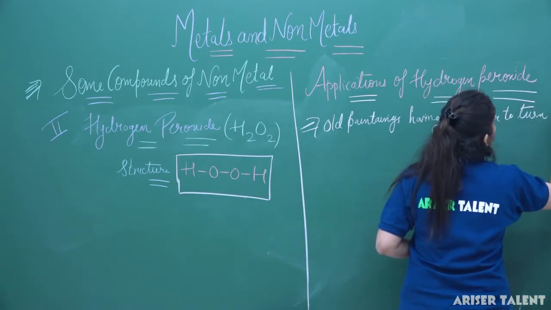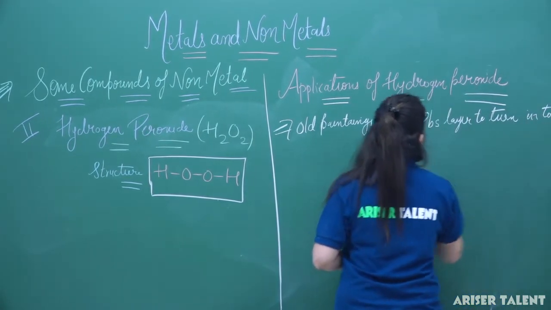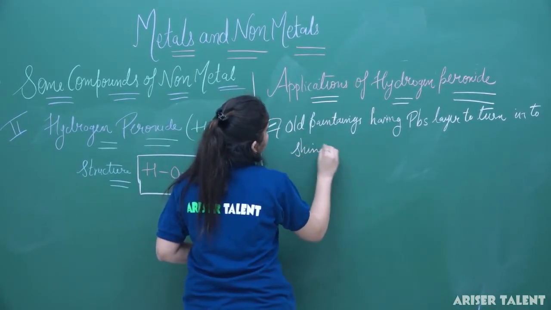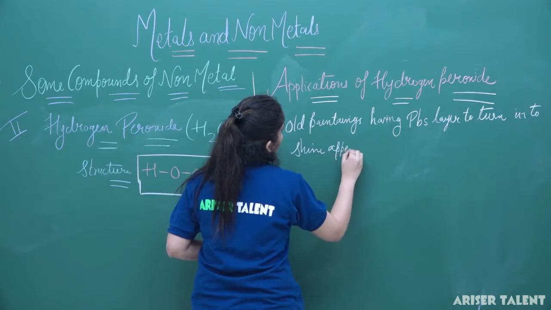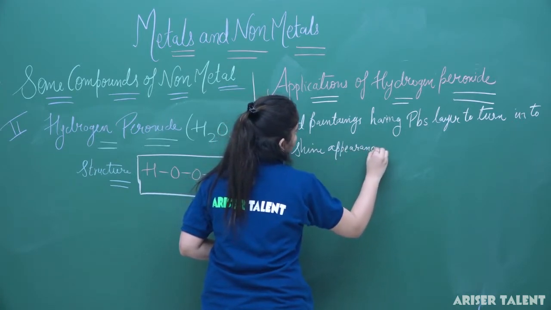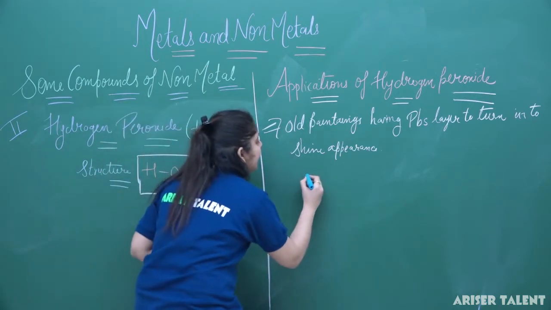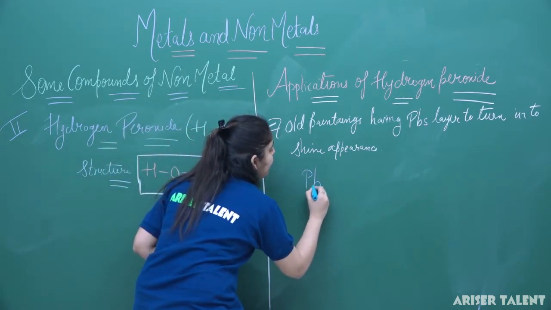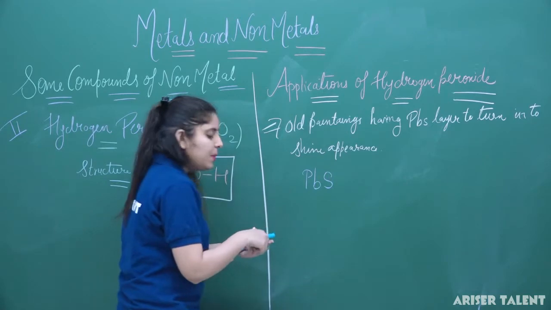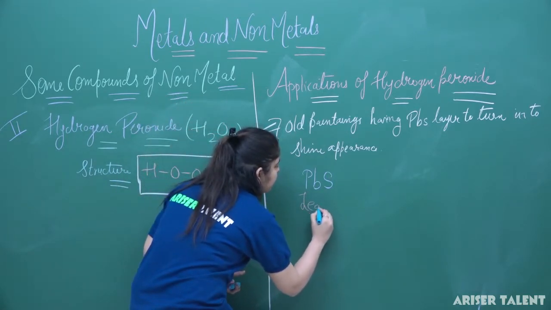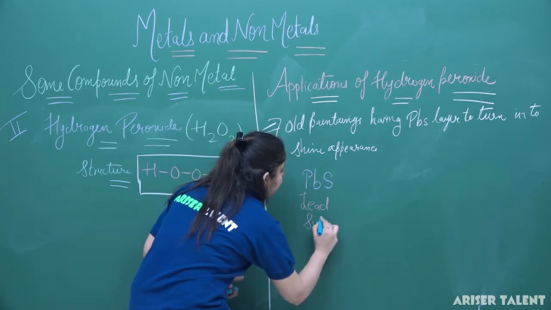What happens? The buildings which have paintings that are too old have a layer of PbS. This PbS is actually lead sulfide.